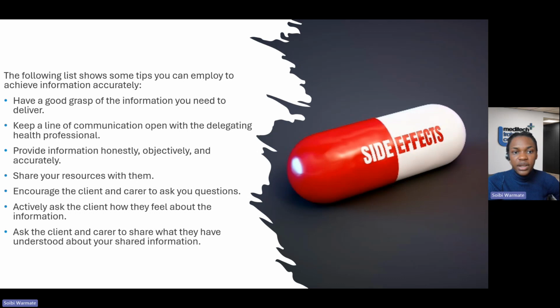You need to provide information honestly, objectively, and correctly. You need to share your resources with them. Encourage the client and the carers to ask you questions. You need to actively ask the client how they're feeling about the information, and you need to ask the client or carer to share what they have understood about the information you shared.